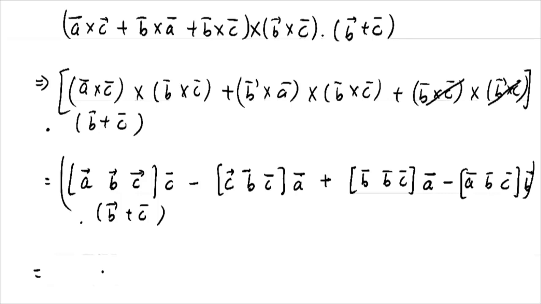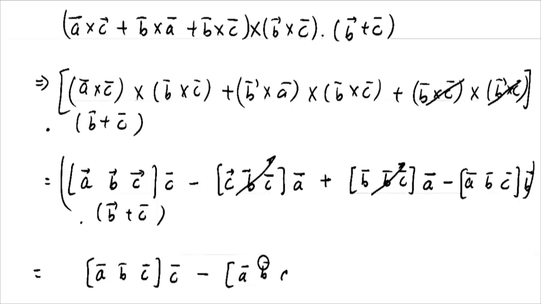Now I can write this as ABC multiplied with vector C minus, by using the properties of scalar triple product, this will become 0, this is also 0. Now I can write this as minus ABC into vector B. Now this is in dot with B plus C, right?